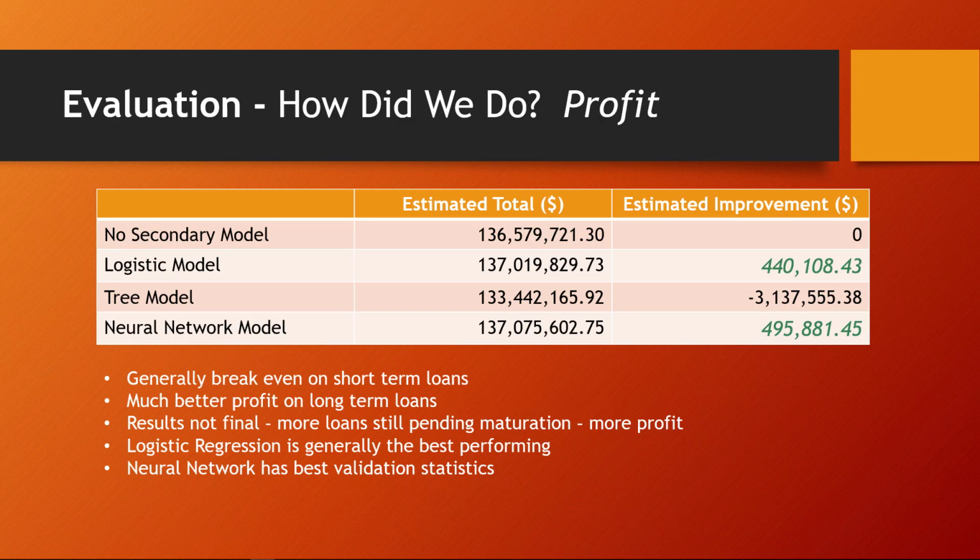Our models discovered that there was a much better profit on long-term loans. And note, results aren't final. More loans are still pending maturation. More profit will occur then. Overall, the logistic regression model is generally the best performing model, but neural network has the best validation statistics.